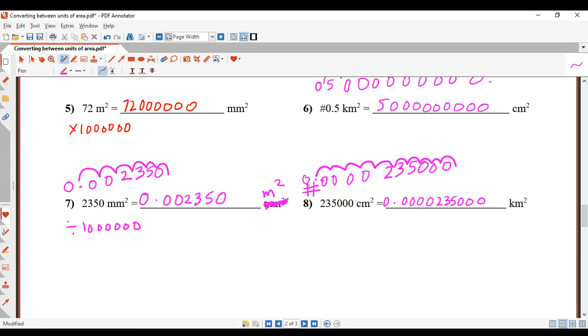Okay, so now if I moved my decimal point 10 places back to the right, then I should get the same number again. So let's double check. 2, 3, 4, 5, 6, 7, 8, 9, 10. That's correct. Now, there are some zeros we could get rid of here. I'm just going to put the 2, 3, 5 there. So that's my answer, finally.